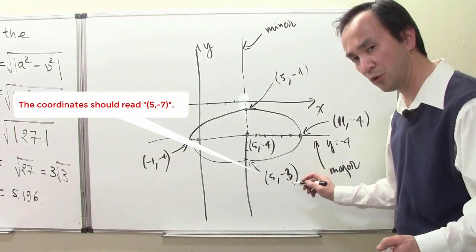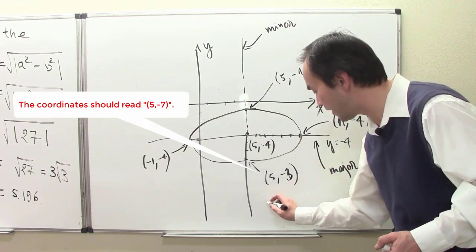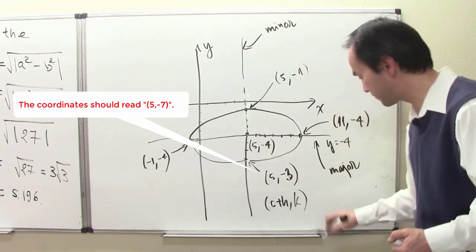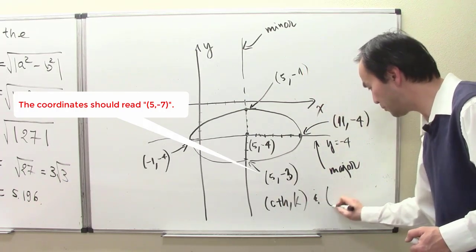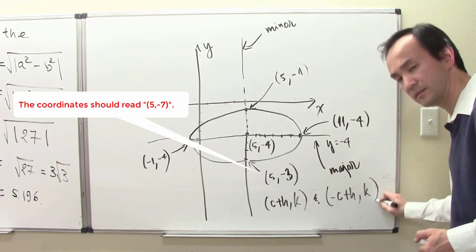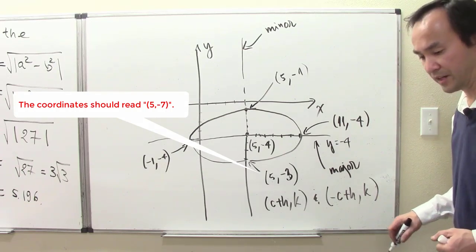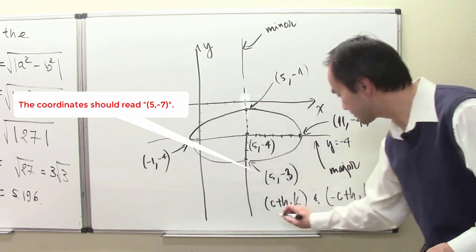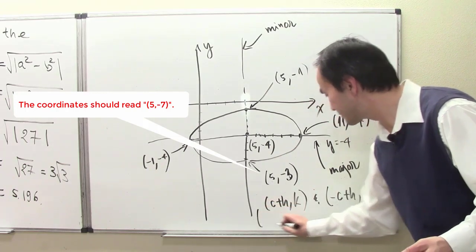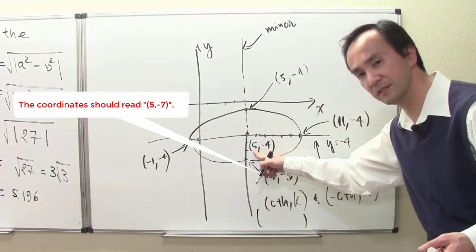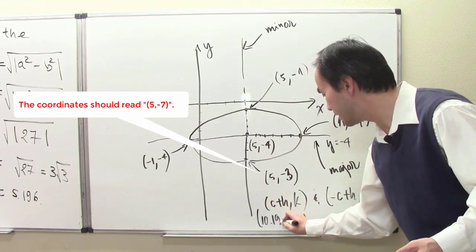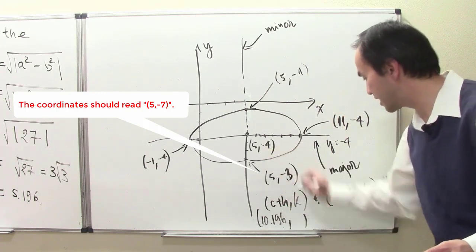All right, so our foci are calculated through the following formula: c plus h, comma k, and the other point, minus c plus h, comma k. In our case, c was about 5.196, plus h being 5, I'm looking at about 10.196, comma k being negative 4.